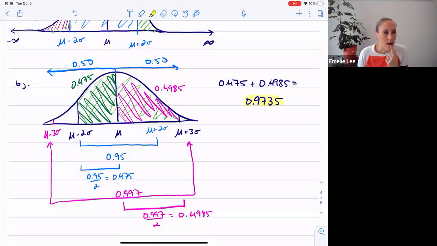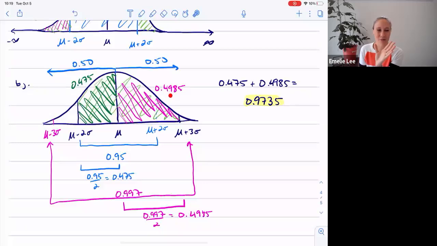Okay, there was another thing I wanted to say. Oh yeah, last thing we can check, right? Just as a check-in point, this area from mu to mu plus 3 sigma has to be larger, right?